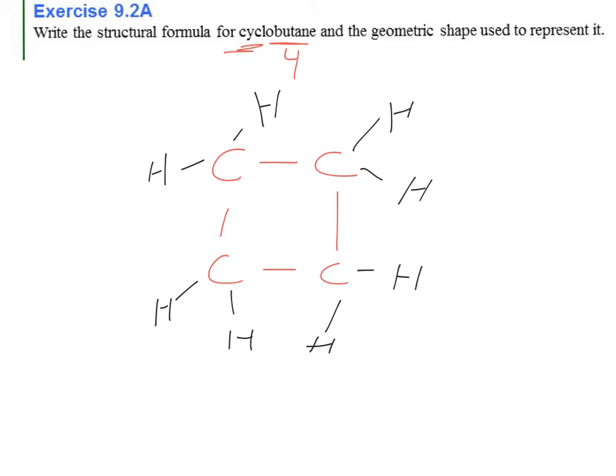So that's cyclobutane. And again, our formula is CnH2n for a cyclohydrocarbon. So it would be C4H8. Isn't that great? It ends in 8.